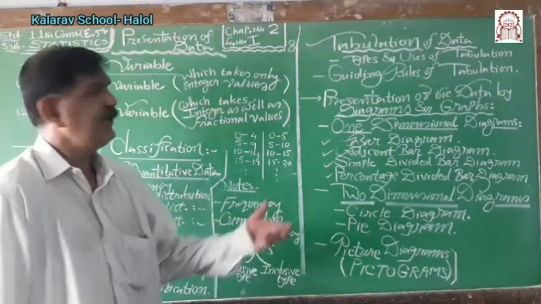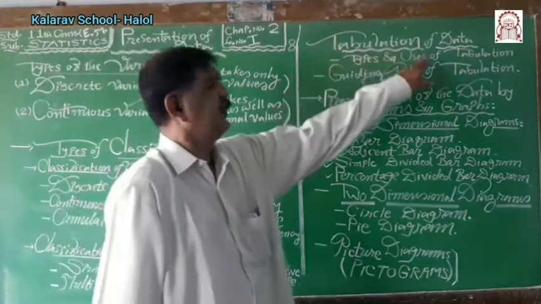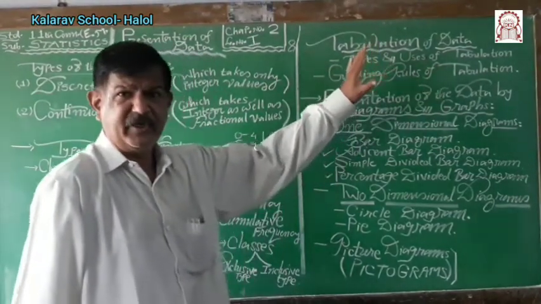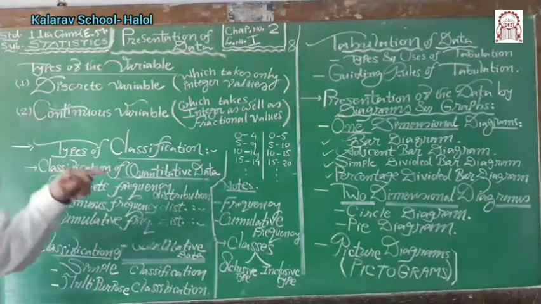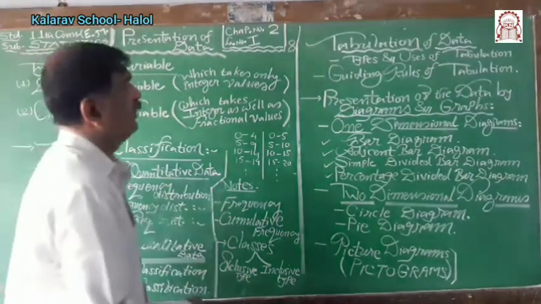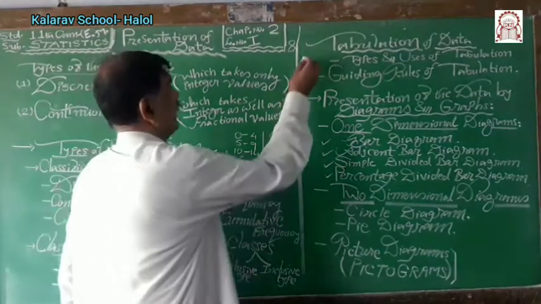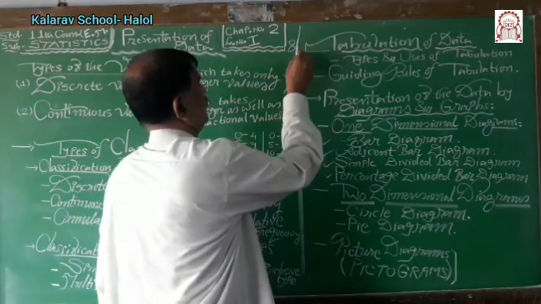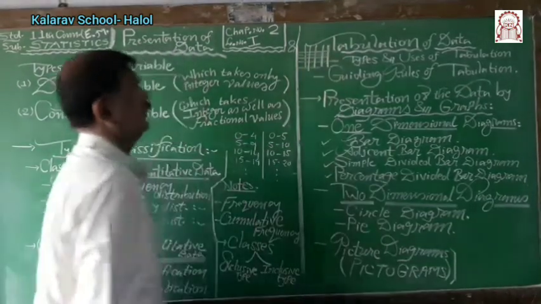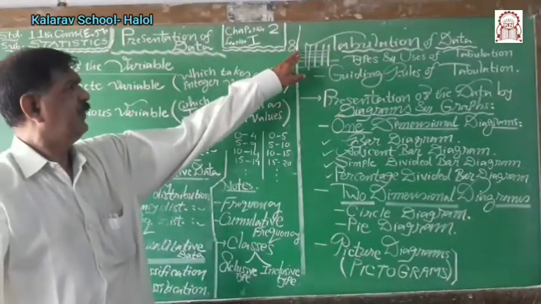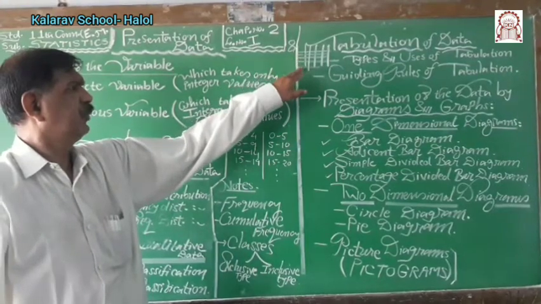Now, one of the main topics is tabulation of the data. This is also presentation of the data. Tabulation, table means rows and columns. See, these are the rows and these are the columns. Here, FY, SY, TY and total.